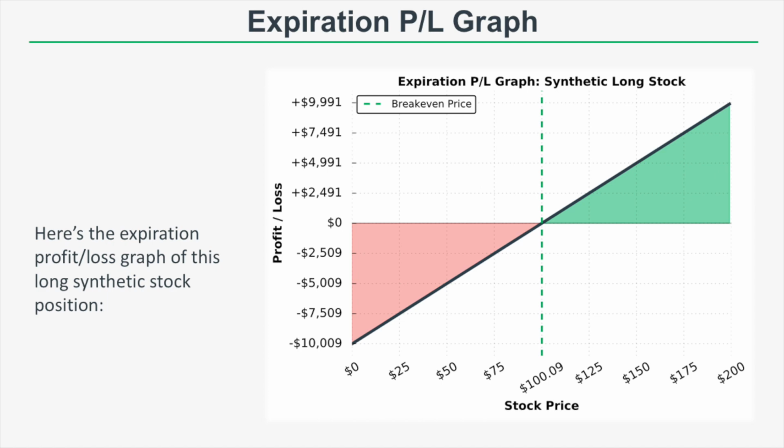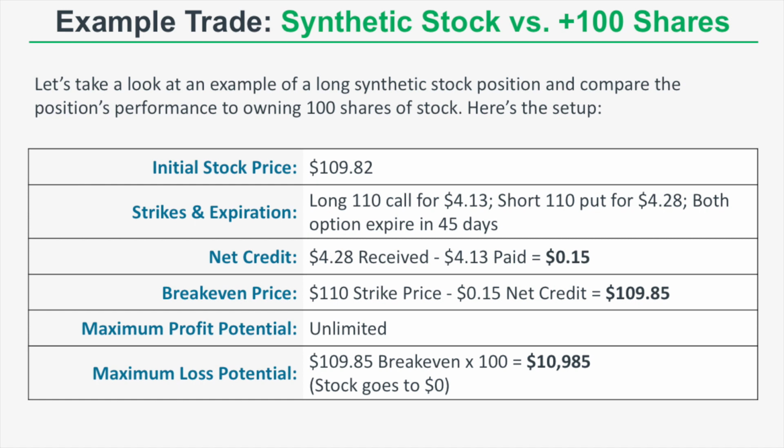So let's take a look at a real long synthetic stock position, and see how that performs relative to an actual long stock position. Let's compare a synthetic stock position to a 100 share stock position. The initial stock price is 109.82, and to construct the long synthetic, we're going to buy the 110 call for $4.13, and we're going to sell the 110 put for $4.28.